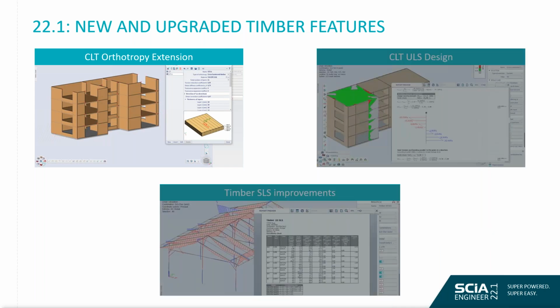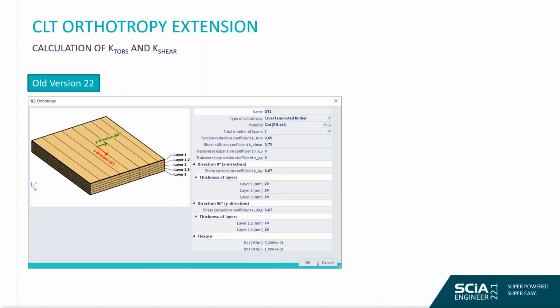But first, let's go look at the extension for the CLT orthotropy. In version 22, we added this orthotropy for cross-laminated timber, but there were still a few parameters that you had to manually introduce, being the torsion reduction coefficients, shear stiffness coefficients, and shear correction coefficient.